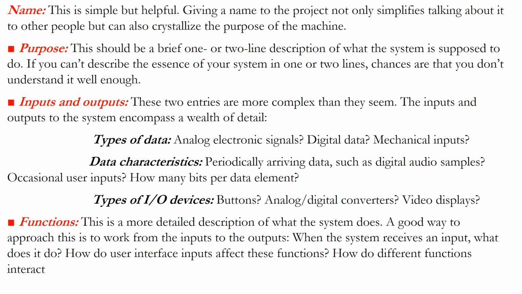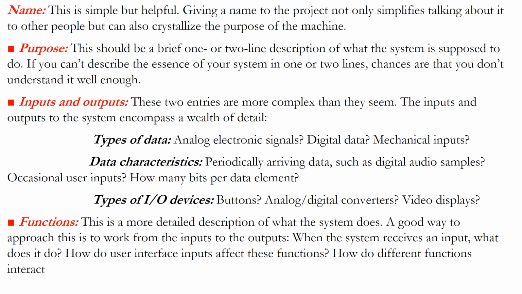We have to represent the data characteristics, whether our data will arrive periodically, such as a digital audio sample, or whether we get the input signal occasionally. If we are getting it occasionally, how many bits we are going to get, how long, and in which period, that also we need to specify.